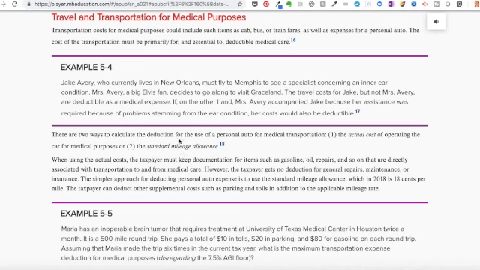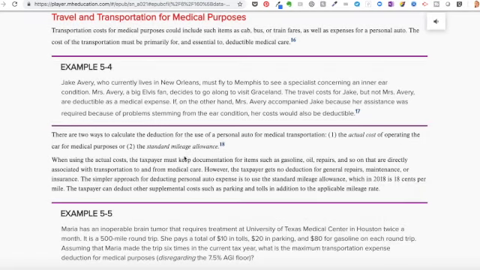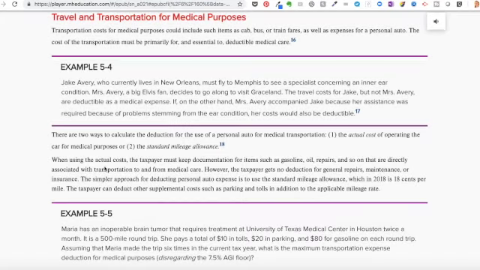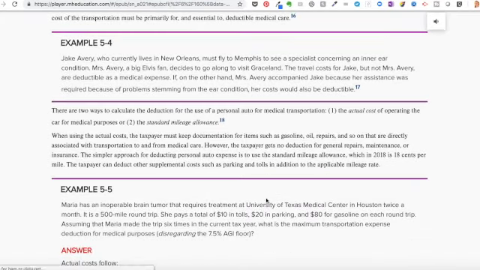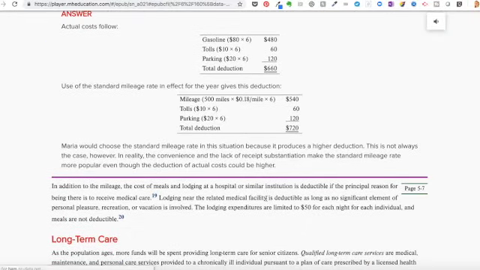That's not because of your one medical trip. So it's basically the actual cost of operating the car for the medical reason, or the standard mileage allowance. And that's much easier, which means just using 18 cents per mile and multiplying it by the number of miles you drove. Regardless, you can include parking and tolls related to the trip.